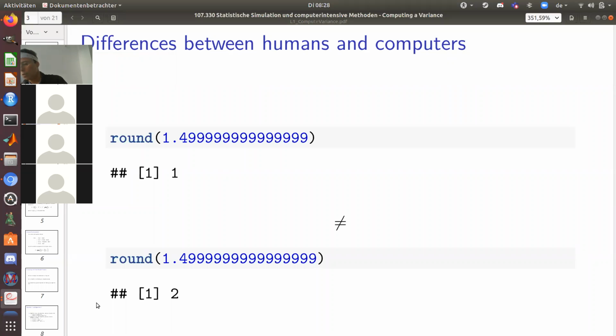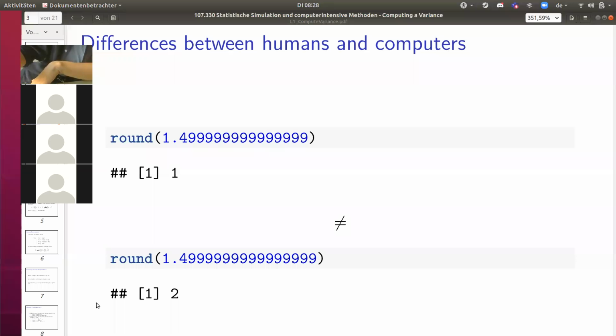So human beings would round both of these numbers if asked to do so, always to the next smaller number. Oh, that was not it.